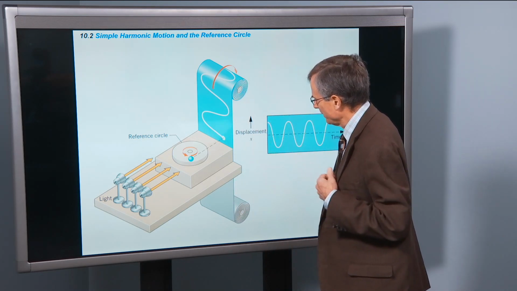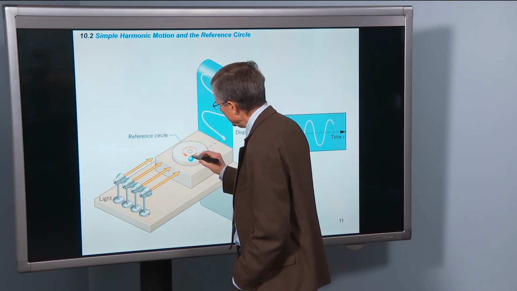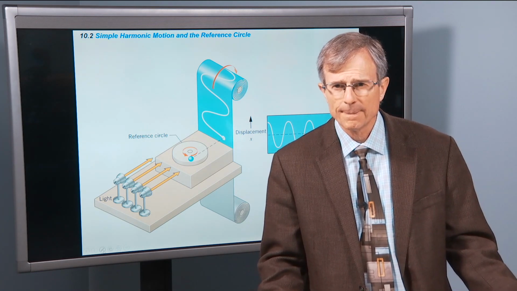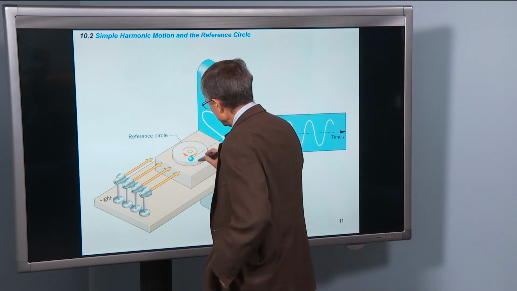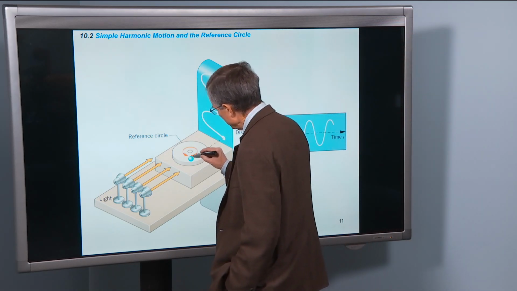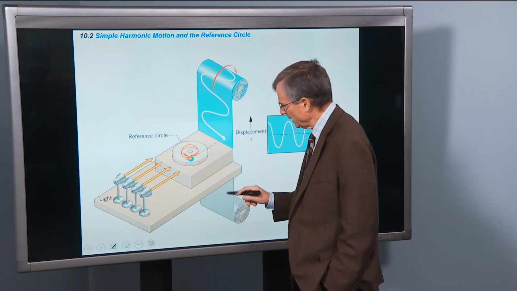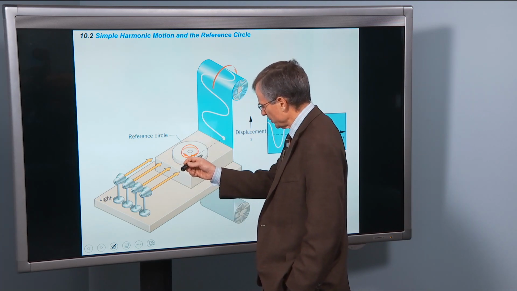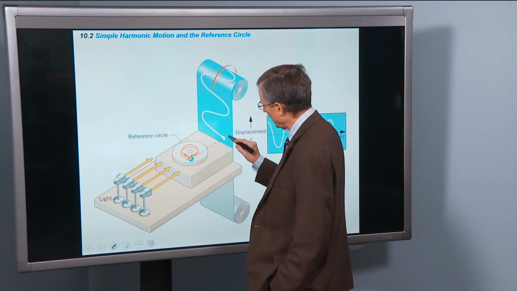If you have an object that is moving in uniform circular motion, so this is an object on a turntable executing circles, that blue ball, and then we have a light source that shines light on this, then there will be an image of that blue ball on the screen.